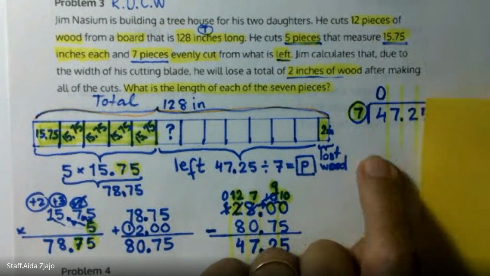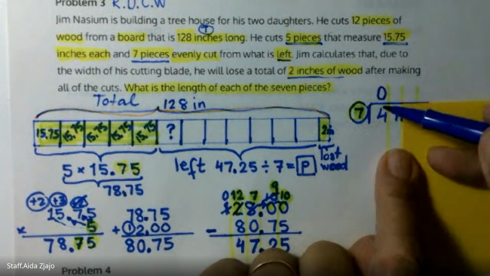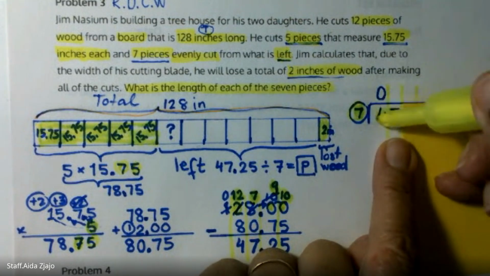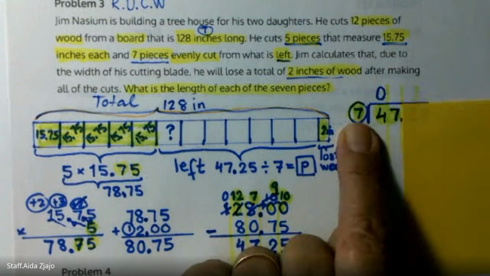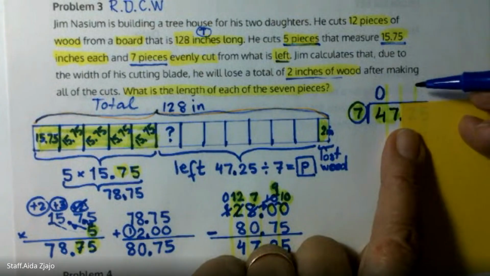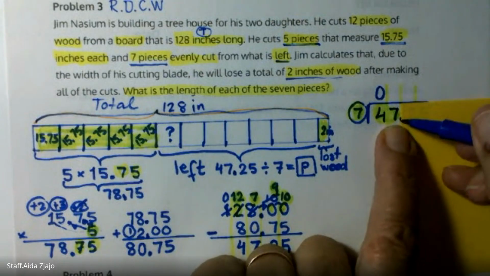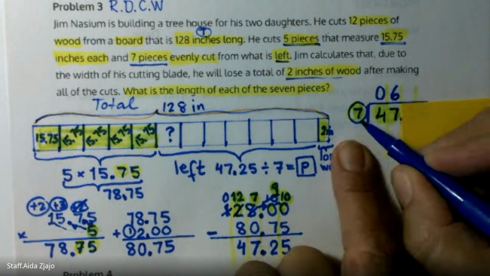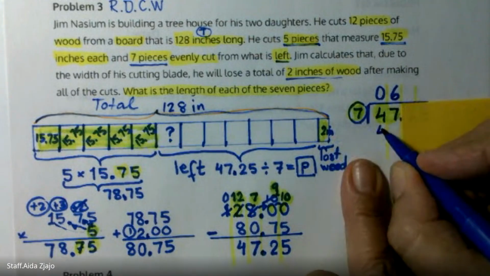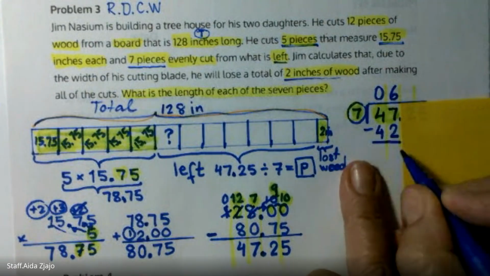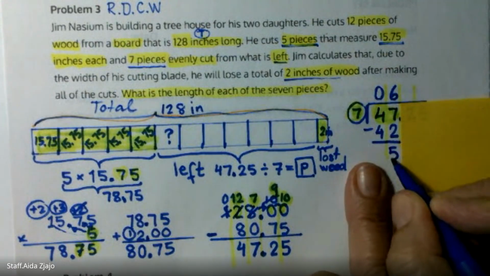Now if I add and regroup tenths, make all 47 ones, I can make groups of 7. So I know that 7 times 7 is 49, so that's too much. So it has to be 6. 6 times 7 is 42. When I subtract, I got remainder of 5.